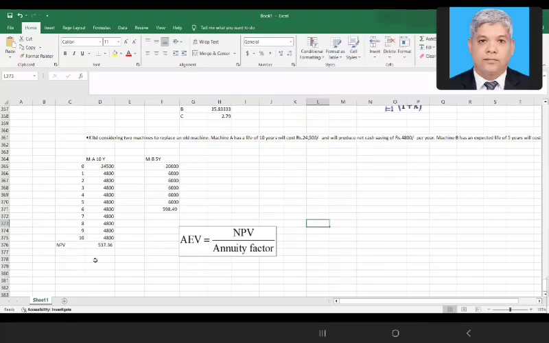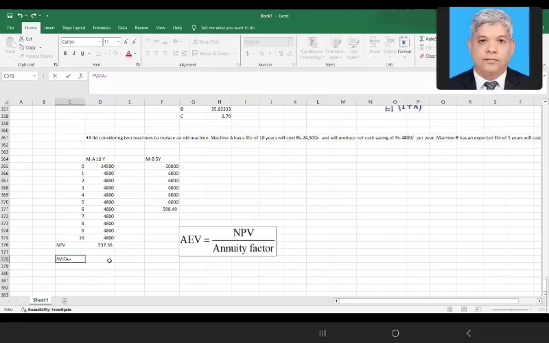Do you remember, the annuity factor means the present value interest factor annuity, right? You can use that function or you can get the table value.